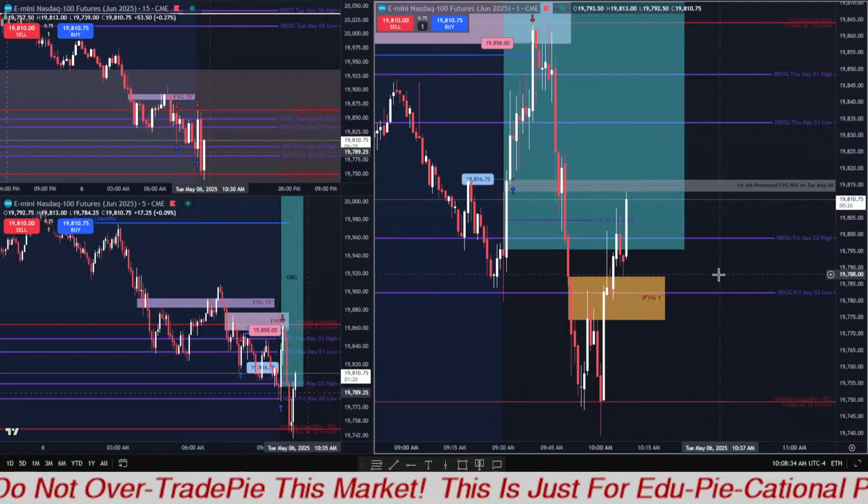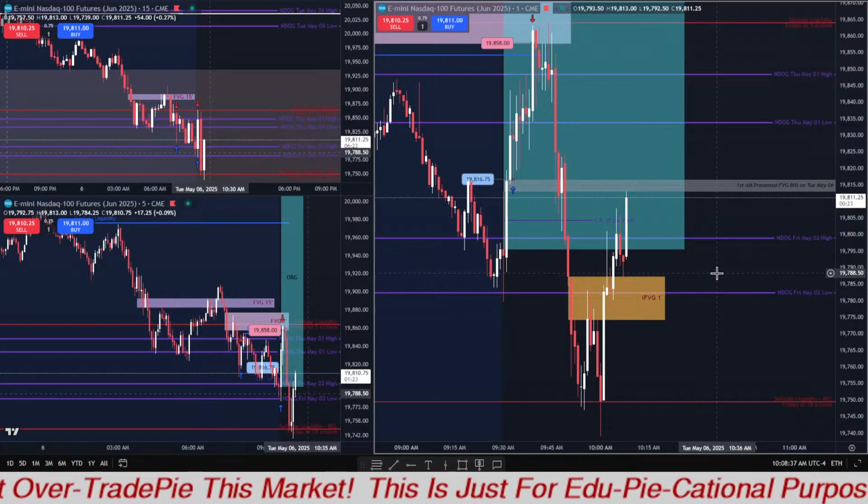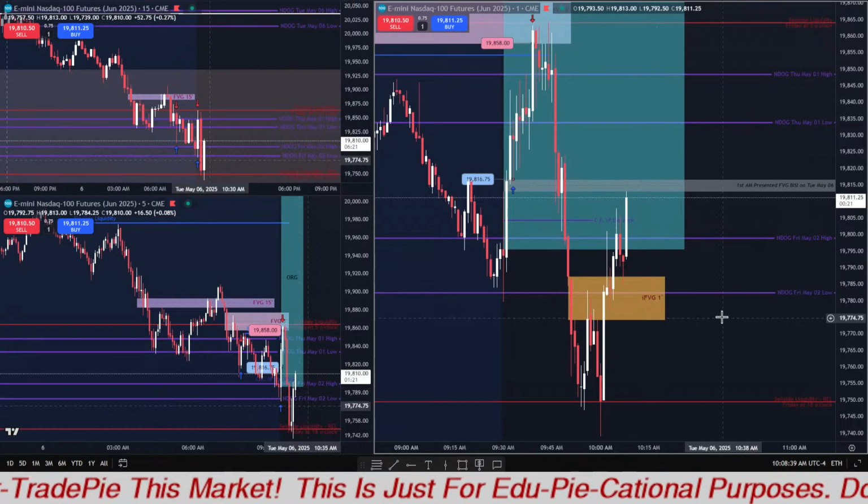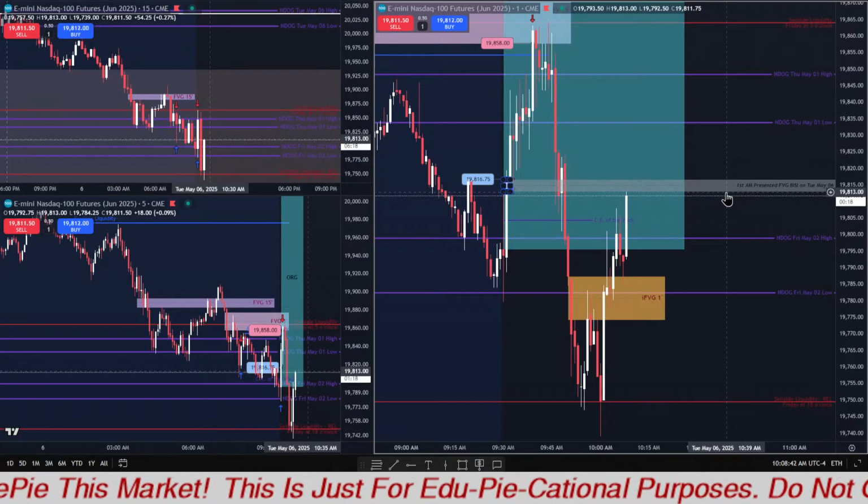And we hit the first presented fair value gap over here. You can see within less than 1 minute, 225 handles delivered.